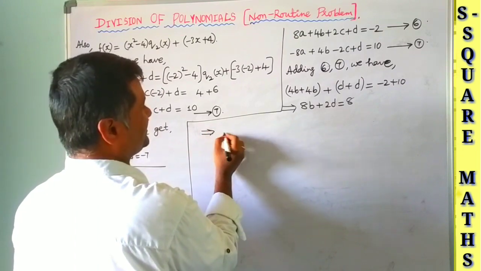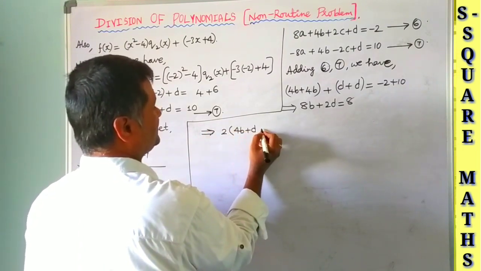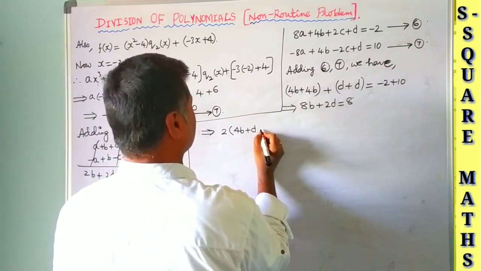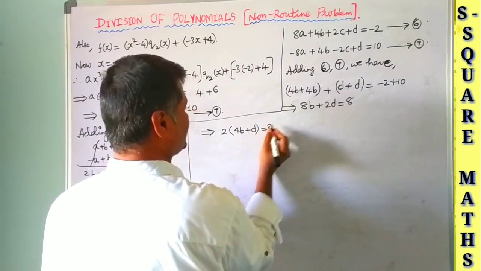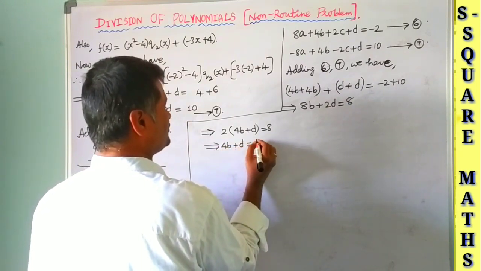Finally I will take 2 common, so that 4b plus d is equal to 8 by 2, which implies 4b plus d is equal to 4.